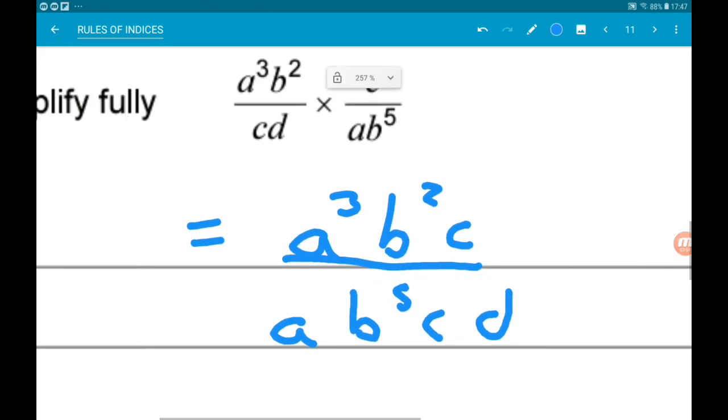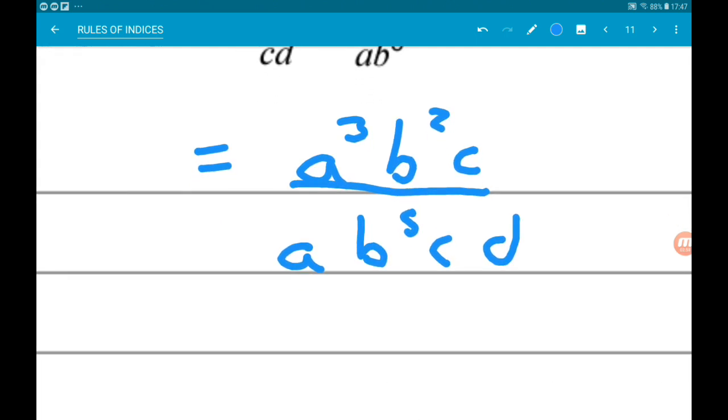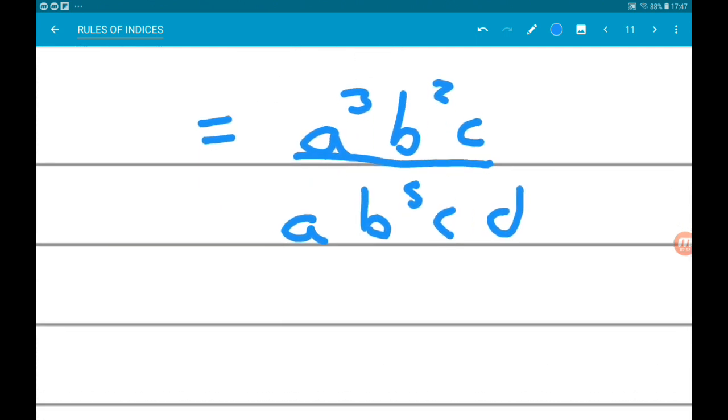Okay, so now we want to simplify that. So looking at the a's, we have a cubed divided by a. So that's going to give us a squared up on top. We then have b squared on top, b to the power 5 on the bottom.